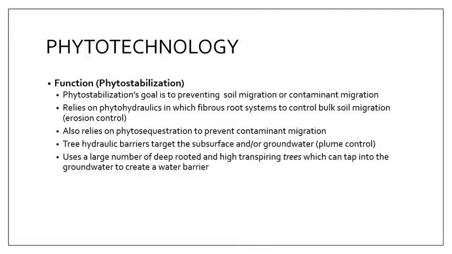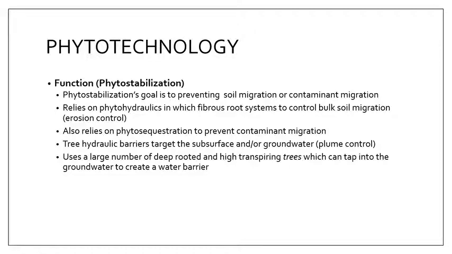So this also involves another function called phytohydraulics, wherein the root system of your plants acts as an erosion control agent. Okay, so the root systems bind together your soils so that you can reduce or prevent soil erosion.